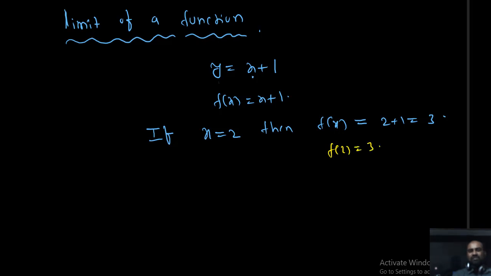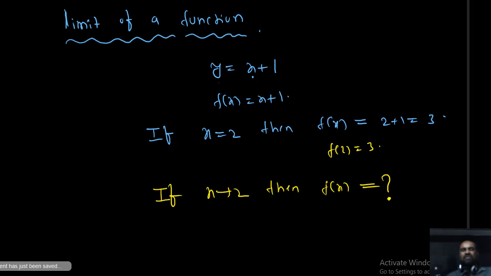Now my question is, if x is tending to 2, then what is f of x? X is approaching 2, then what happens to f of x? f of x is dependent upon x. When x changes, automatically f of x will change. So x is tending to 2, then what happens to f of x?